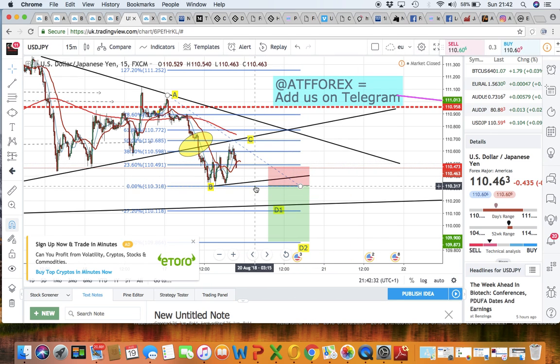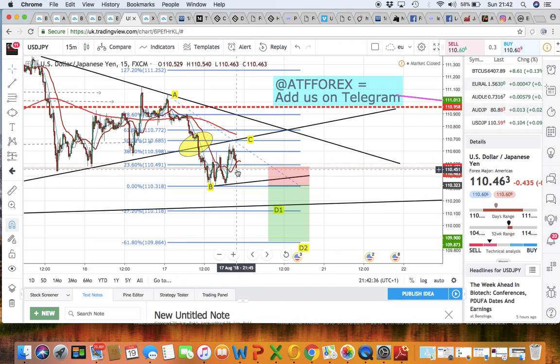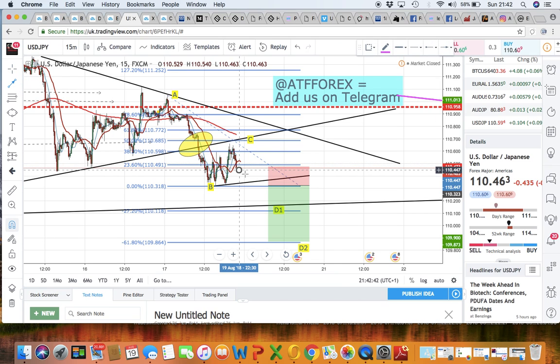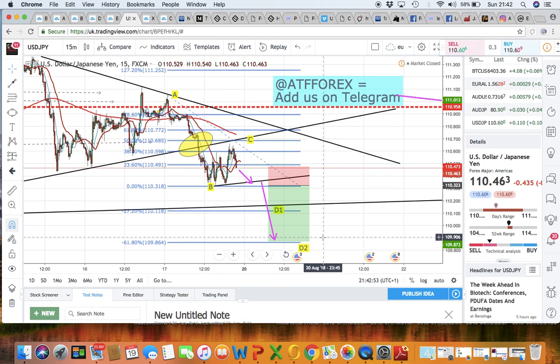So stops around this region, get ourselves down here. Hopefully we can get a nice breakout. So price head down, play around this trend line, hopefully do a breakout, and then just get us nice and clean down to our target right there.